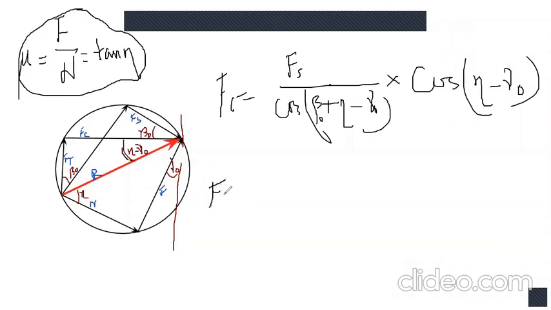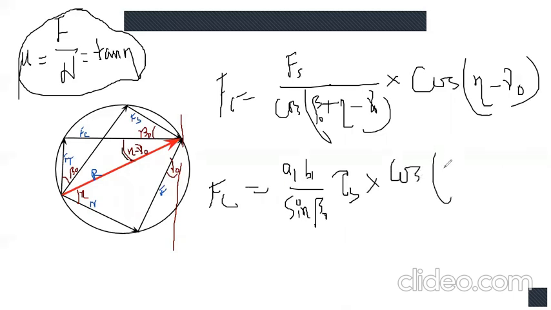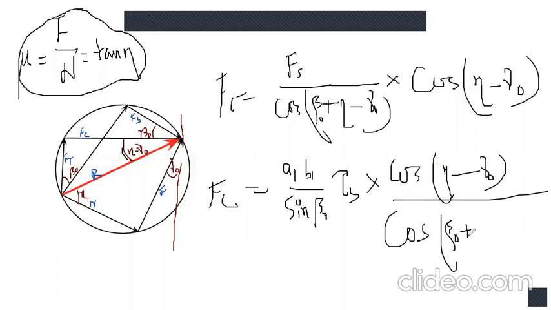Now Fc equals, putting the value of Fs. Fs means A1 B1 sine of beta 0 tau s, into cos eta minus gamma, by cos of beta plus eta minus gamma 0.